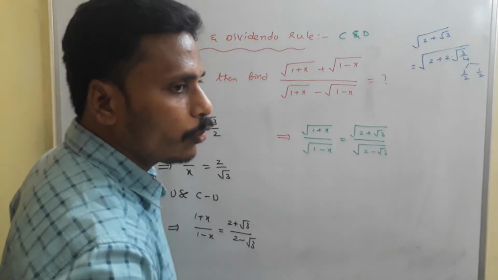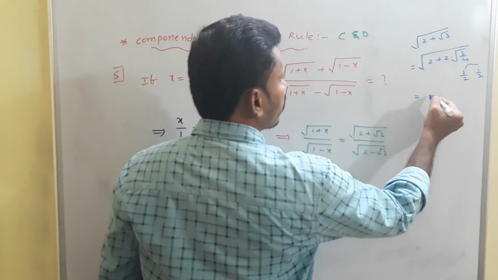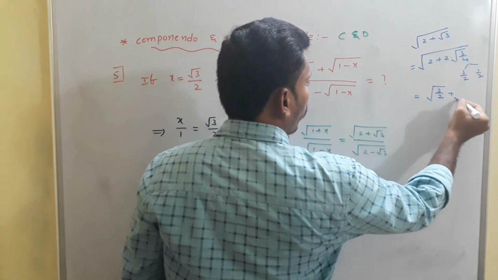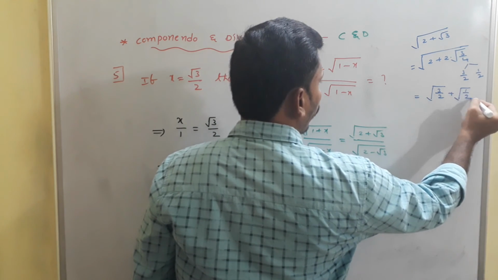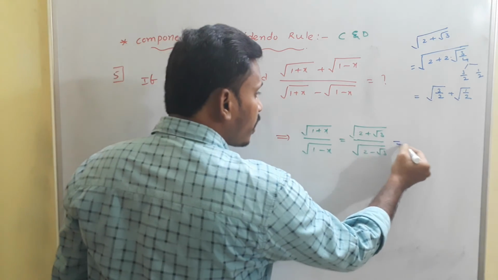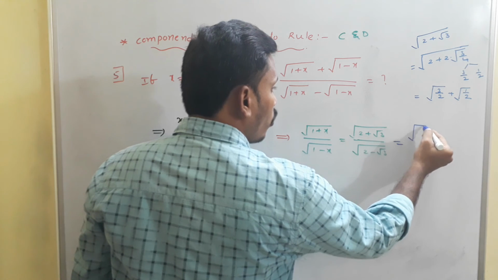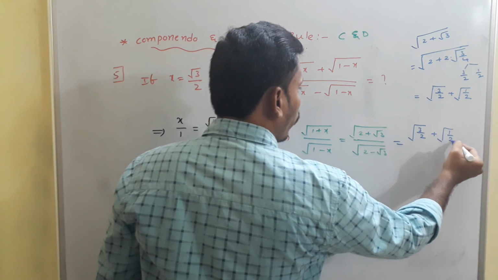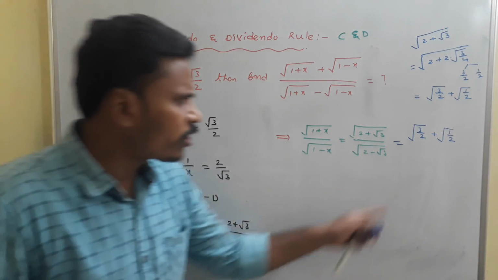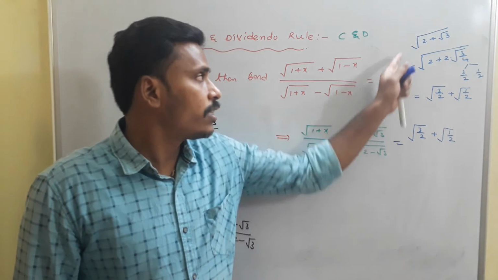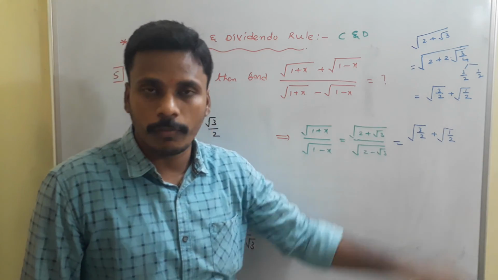So the answer is square root of 3 by 2 plus square root of 1 by 2. If you wish, just square this, you will get 2 plus root 3. This is the simple way of finding square roots for binomial surds.